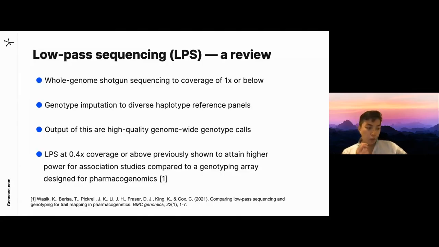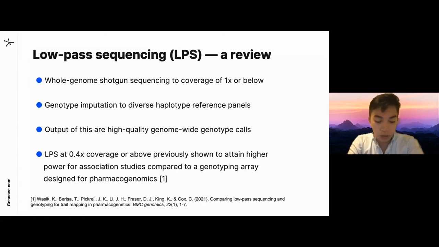Following shotgun sequencing, we take this data and impute it to large-scale diverse haplotype reference panels. For example, the 1,000 Genomes Phase 3 project, which comprises 2,500 individuals across around 85 million variants. And the output of this low-pass sequencing plus imputation process are high-quality genome-wide genotype calls.